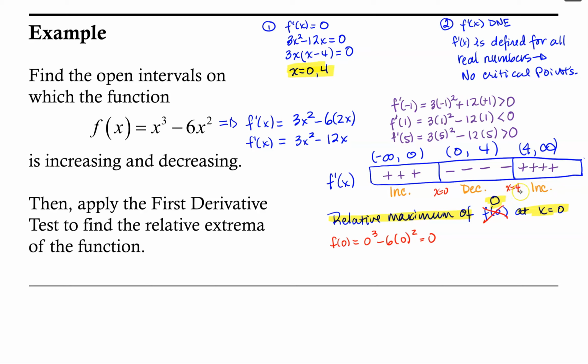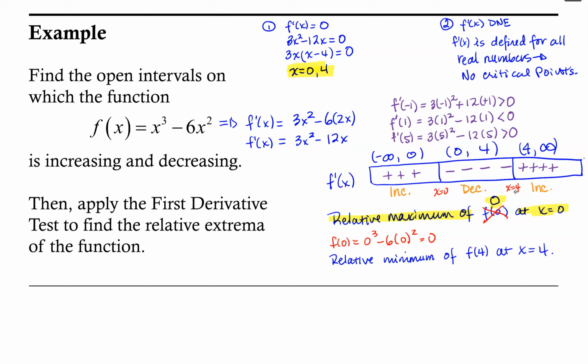So by the first derivative test, this means that there is a relative minimum at x equals 4. So we can say there is a relative minimum. Sometimes these are referred to as local maximums and minimums of f of 4 at x equals 4.